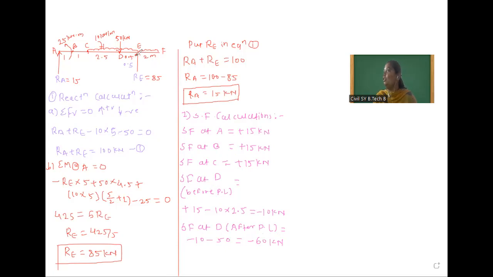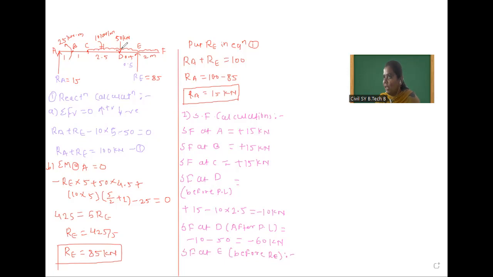After that, we will calculate at E. But here again, we have to calculate 2 times, because in between D to E, uniformly distributed load is there. So first we will calculate before RE, and after that we will calculate after RE. So shear force at E, but before RE, that means without considering reaction.